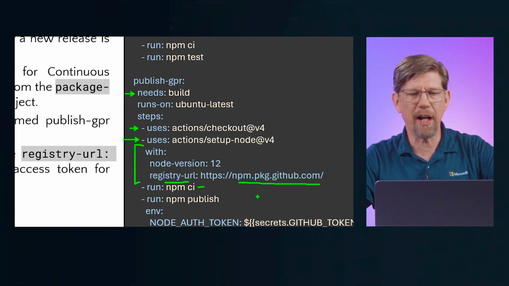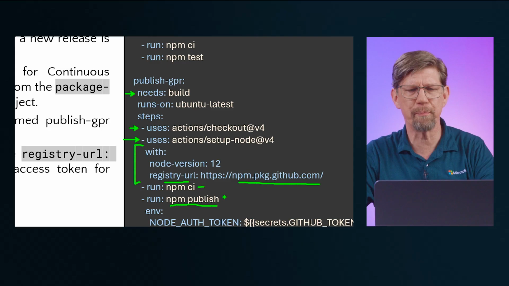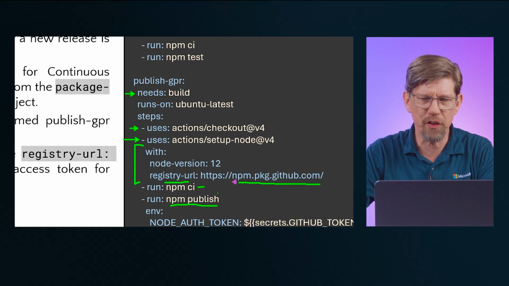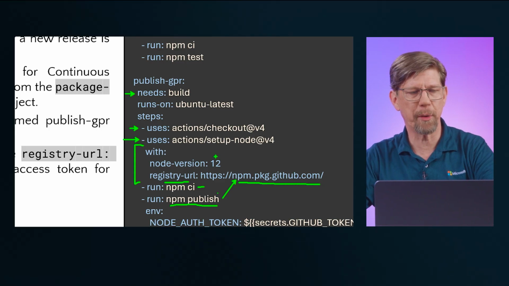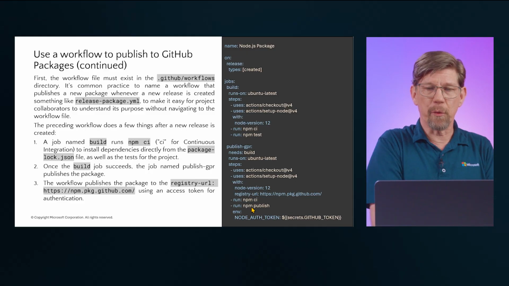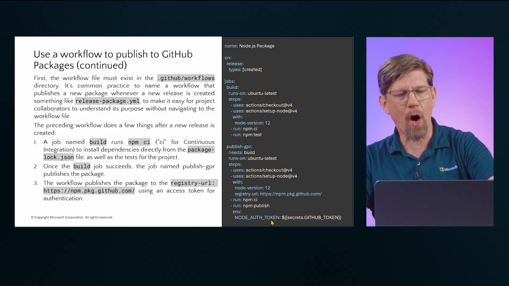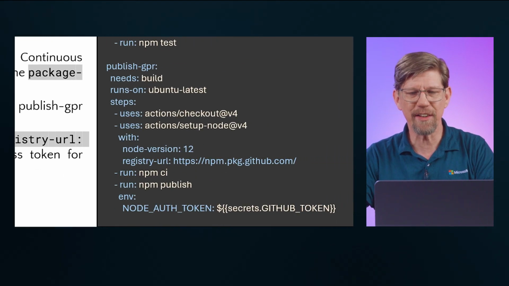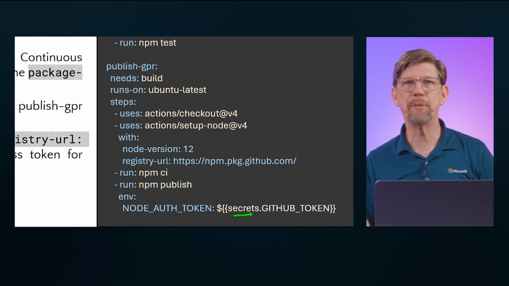Then we'll go through and run the CI process, and then npm publish, which seems a little bit innocuous, but this publish is publishing to what we set up when we did the setup node process. So at this point, we are then pushing the results of that into that package manager. Now, often you will need to authenticate. So in this case here, we're dipping into our secrets and grabbing our GitHub token.